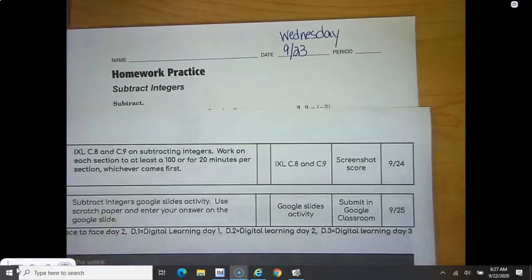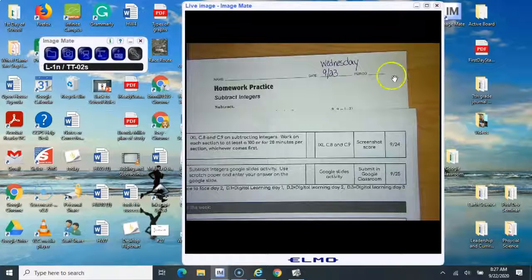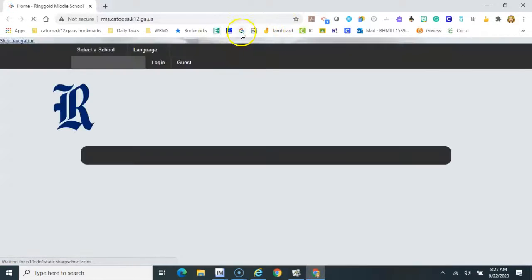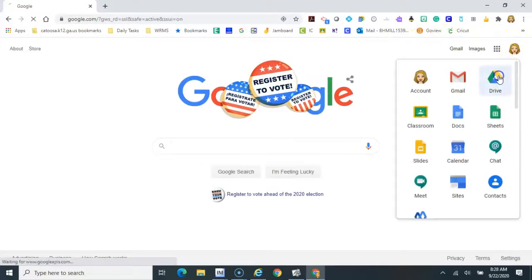Friday, you're going to have an integers Google Slides activity. Let's look at that. It's not like the last one. It's pretty easy. Although most of you did a really good job on that one. I'm still grading them, but what I've seen was good so far.